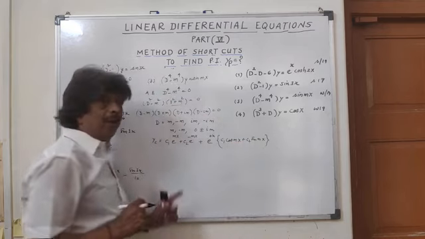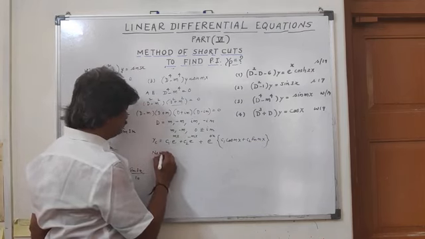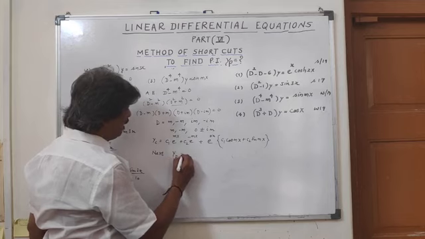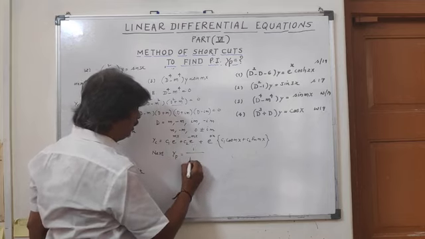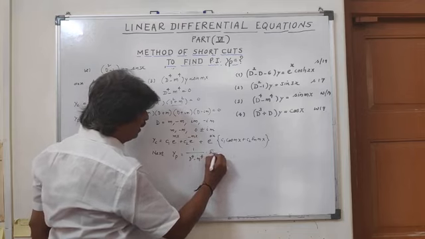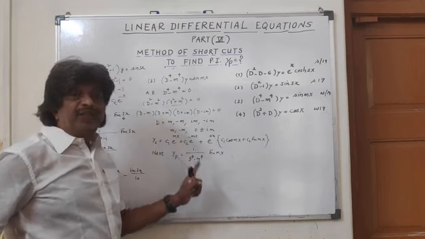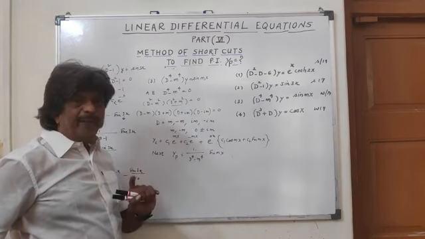So this is our complementary function. Next, yp is 1 upon f of d, 1 upon d to the power 4 minus m to the power 4 sin mx. This is the shortcut formula for sin of mx.